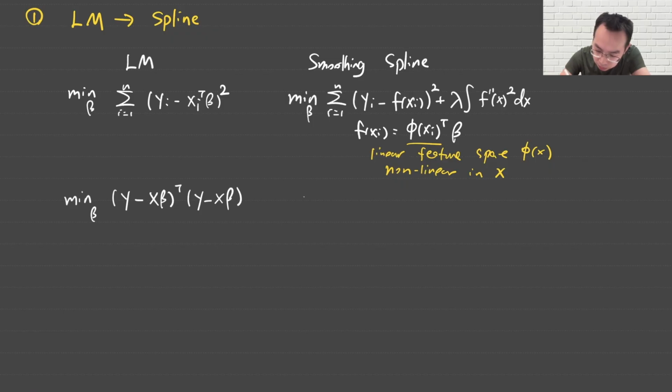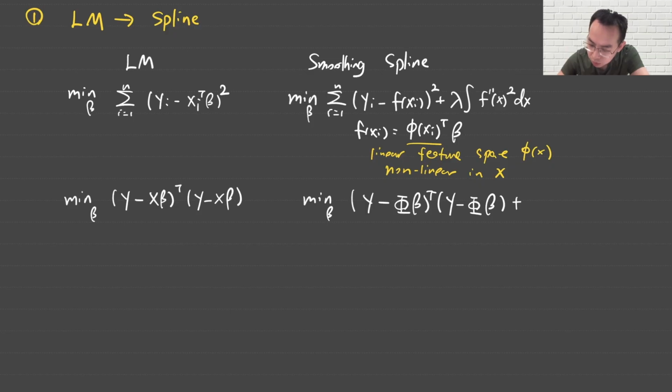We have the minimize over beta of (y minus phi beta) transpose (y minus phi beta), and then we also have the curvature penalty as lambda times beta transpose omega beta. So that is the objective.